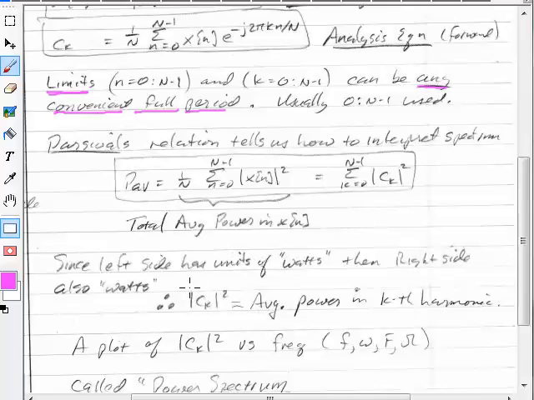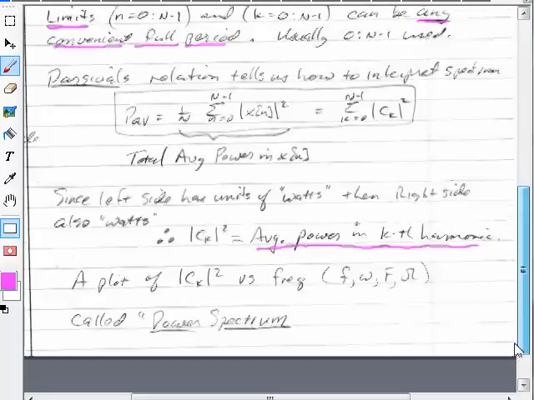Okay, so these magnitude squared Fourier coefficients are the average power in the kth harmonic. Let me underline that so you understand what that means. It's the average power in the kth harmonic. Okay, since we're doing a Fourier series, there are harmonics.